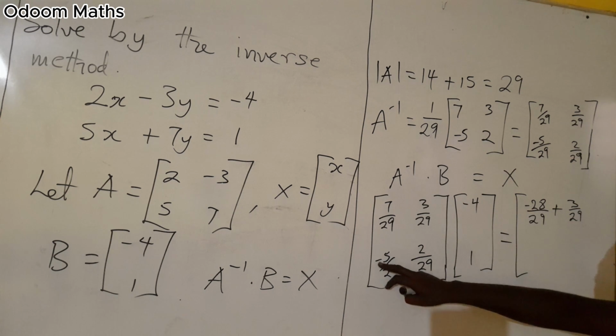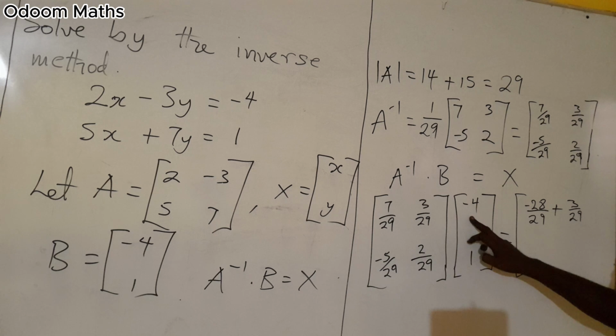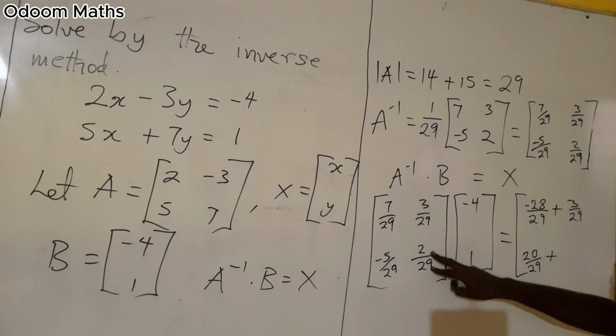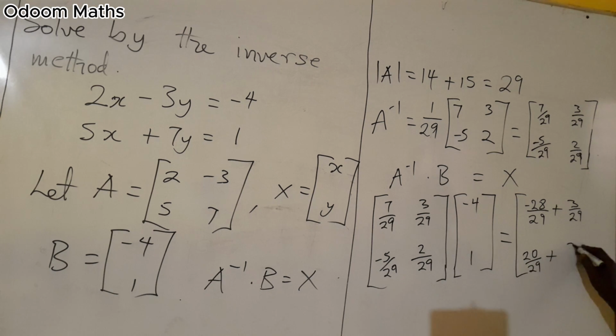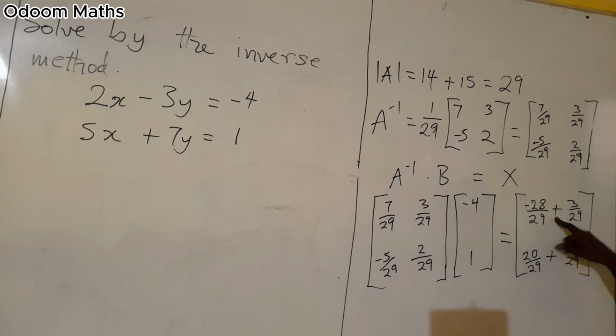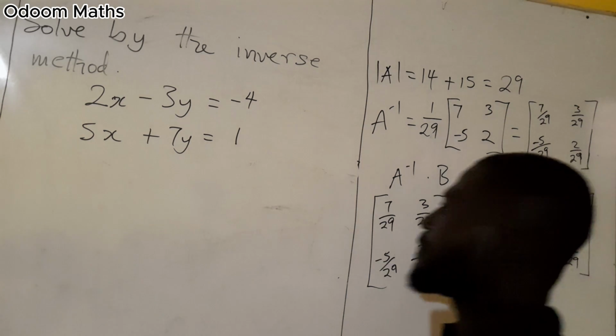Then negative 5 over 29 times negative 4 becomes positive 20, so 20 over 29, plus 2 over 29 times 1, which is 2 over 29. Okay. Negative 28 over 29 plus 3 over 29. The denominators are the same, so we just need to add the numerators. So negative 28 plus 3 is negative 25.